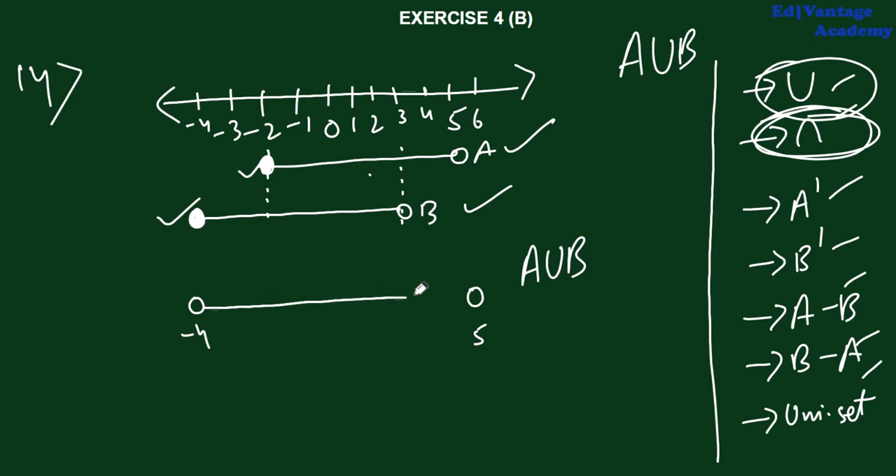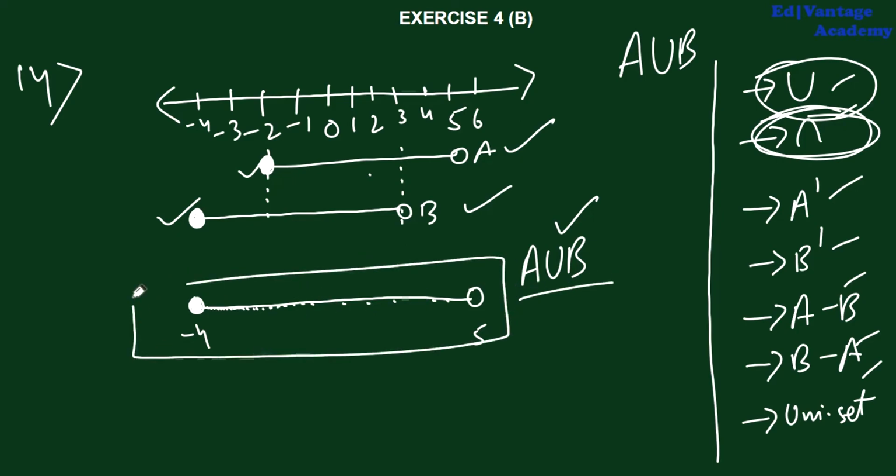So I'll join it, all the numbers in between minus 4 and 5 are included. Minus 4 is included in B, so it will be included in A union B. 5 is not included in A, it's not in B either. So in our A union B, 5 won't be included. So this will be our graph for A union B in case they ask you a question for A union B.